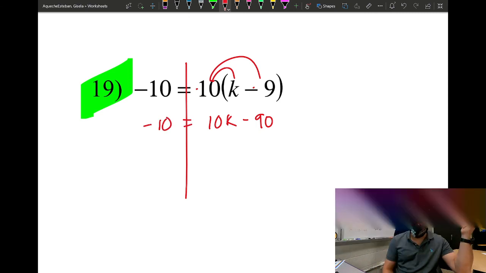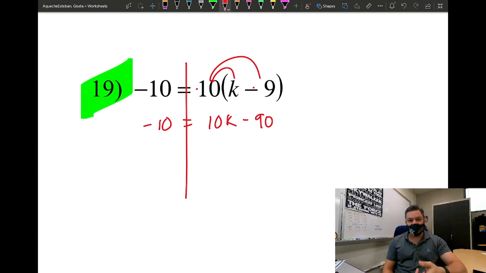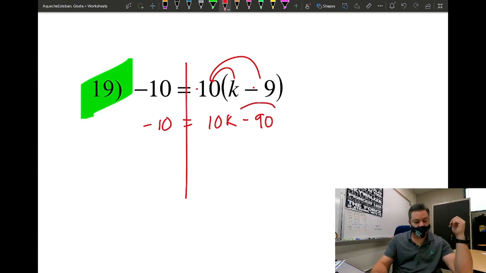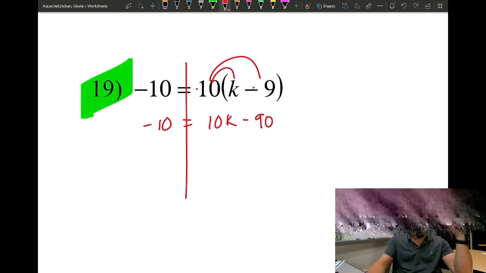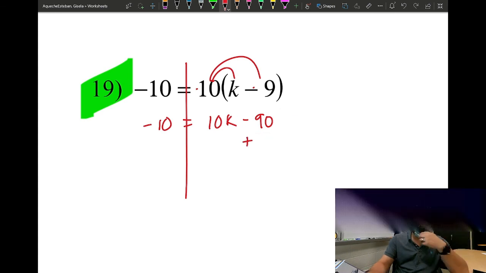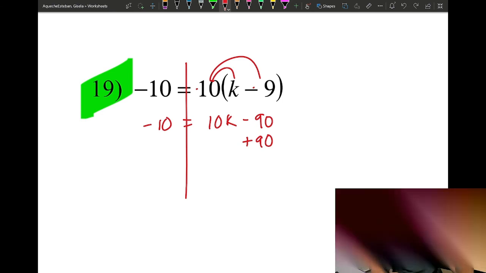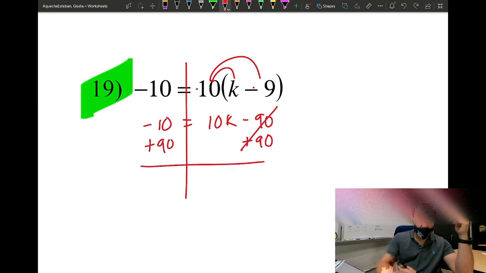So I've got to get rid of my friend, which in this case is how much? Negative 90. So the opposite is to add 90, right? We do that to both sides. That cancels out. I'm left with 10k.